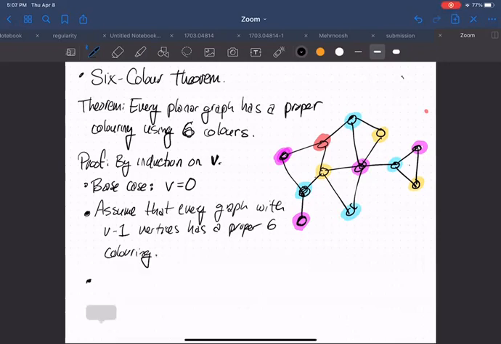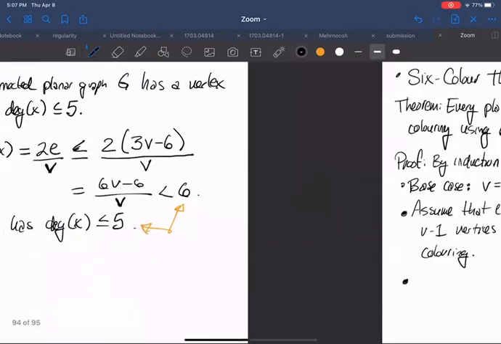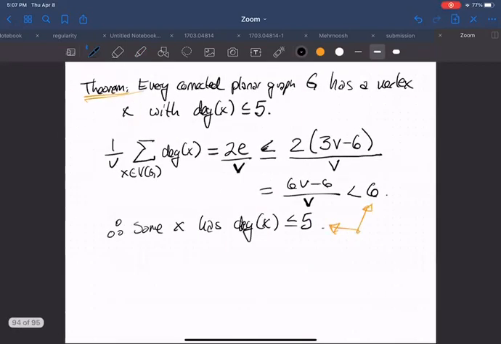Okay. Now, what we just did back here on the previous slide was to show that, let's be careful, here we showed every connected planar graph has a vertex with degree less than or equal to 5.